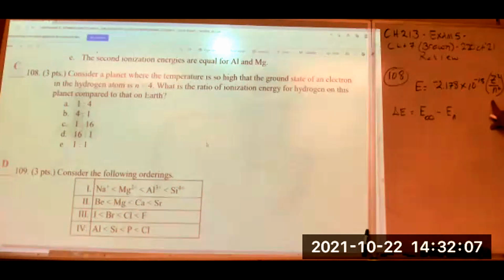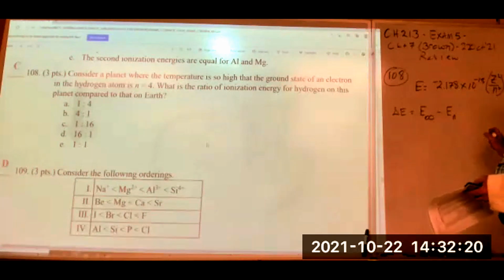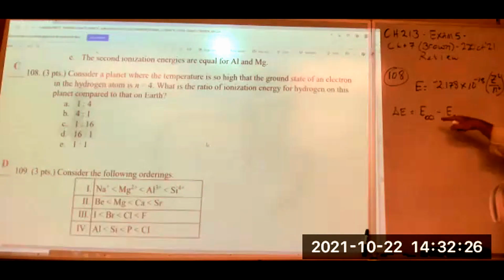Well, n's infinity. So anything divided by infinity is what? 0, mathematically speaking. So that term drops out of that one. And all you have to do is plug in the number here and ignore the infinity part.